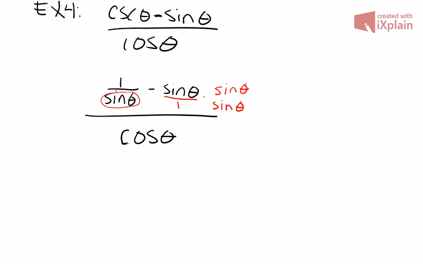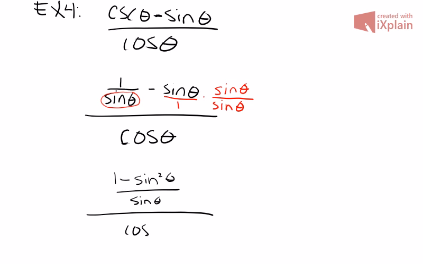So that leaves me with 1 minus sine squared theta over sine theta, and all of that over cosine theta.